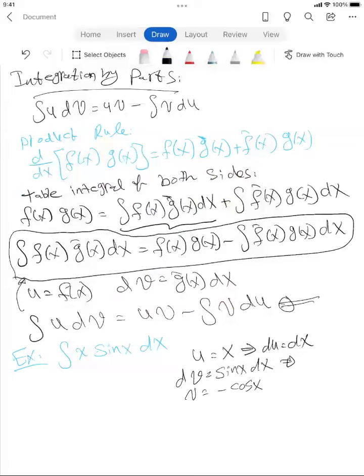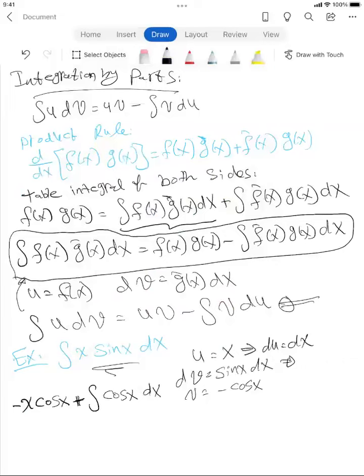Then this integral here becomes u, which is x, times v, negative cosine of x, minus the integral of v, which is negative, and with this negative it becomes positive, cosine of x, and du equals dx.